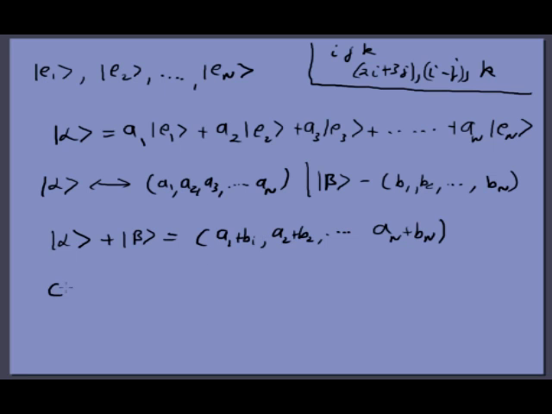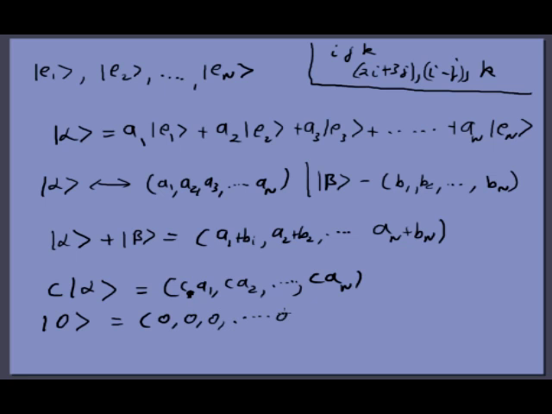Similarly, scalar multiplication c times alpha can be written in terms of the n-tuple as c a1, c a2, ..., c an. The zero vector can be represented as 0, 0, ..., 0, and the inverse vector minus alpha will be represented by minus a1, minus a2, ..., minus an.